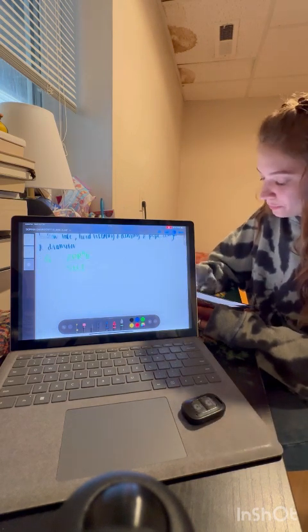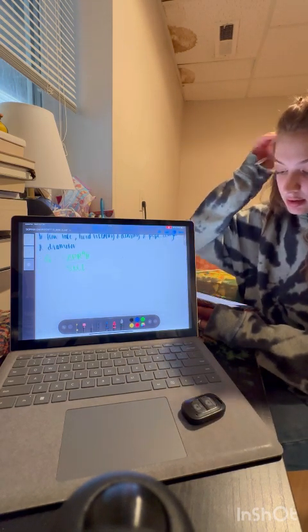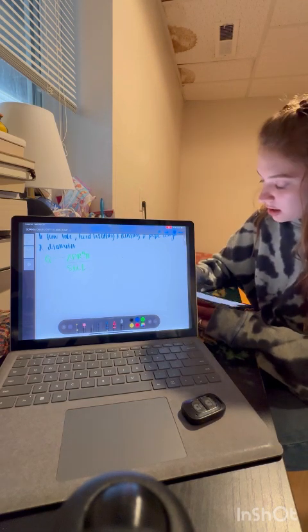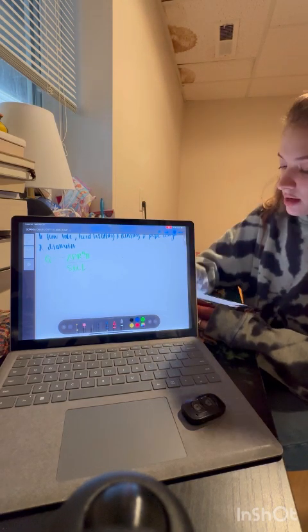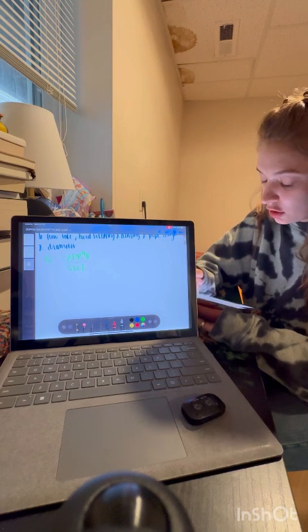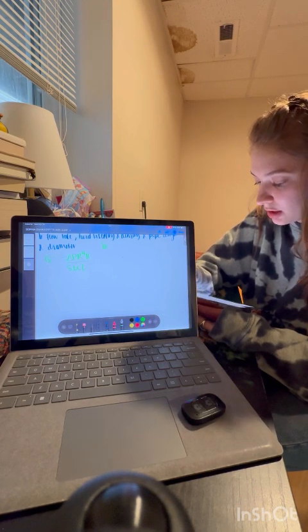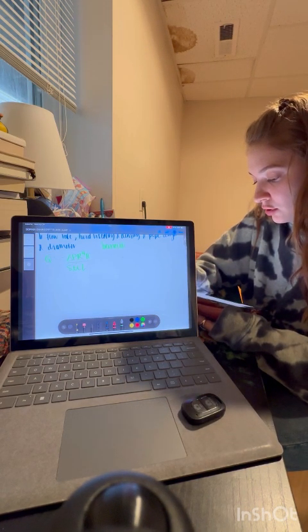All right, so now that that is there, actually before I forget, because this one's kind of a long one, I'm going to go ahead and write Bernoulli's equation.